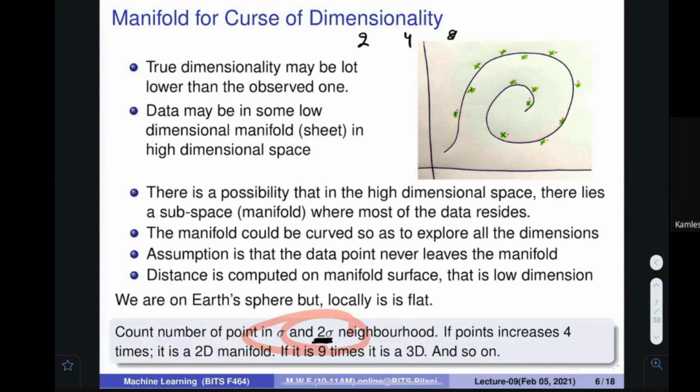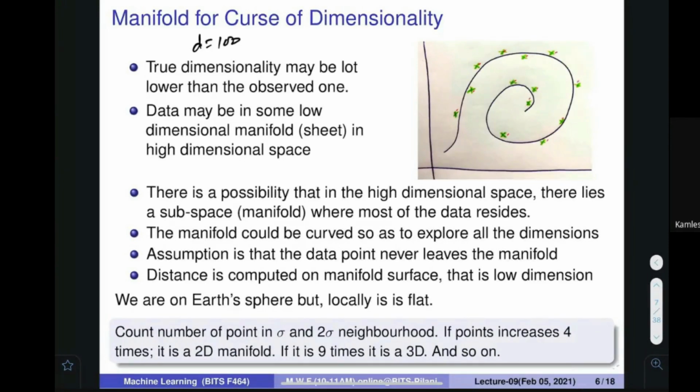Actually, try to understand: if you have very high dimensional data, for example d is equal to 100, and you want to understand the true dimensionality of the data, and you assume you have a sufficient number of data examples randomly sampled from the space.